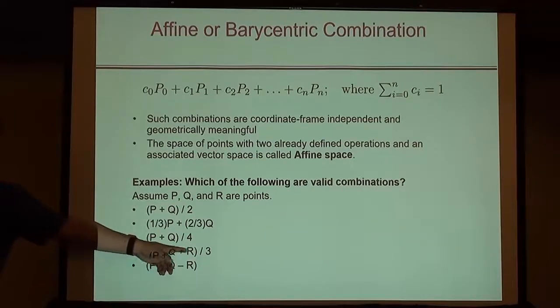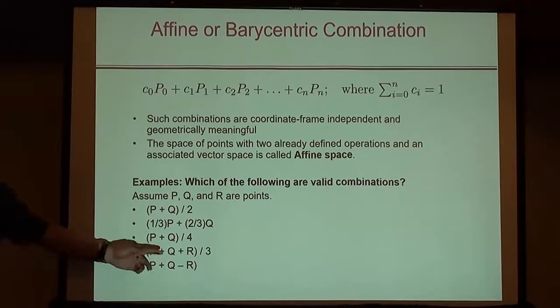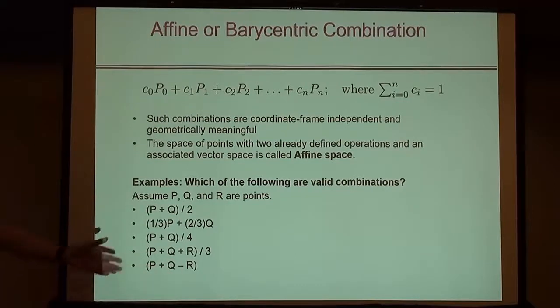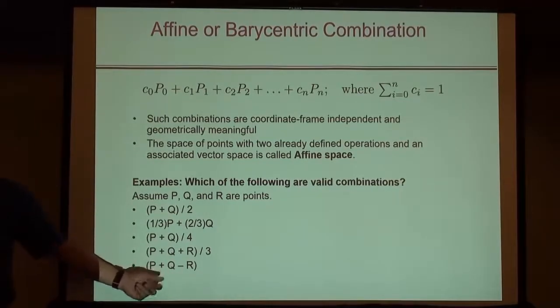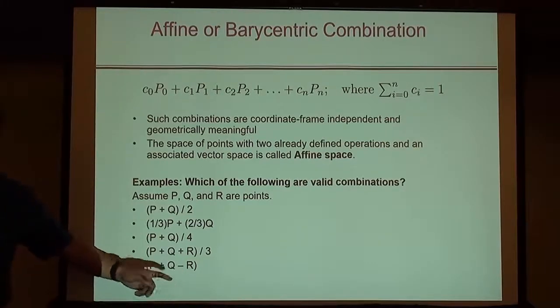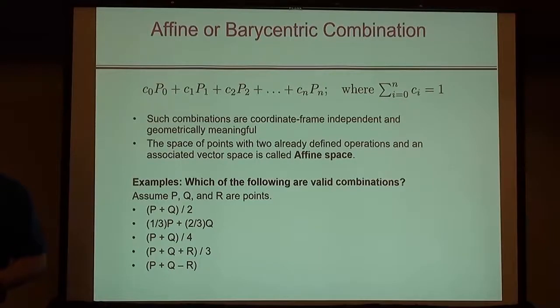This is fine: 1/3, 1/3, 1/3 is equal to 1. That defines the centroid of the triangle. Right? And this one, 1 plus 1 minus 1, is also equal to 1. That works too, and that defines a point that's outside of the triangle defined by P, Q, and R. Okay.